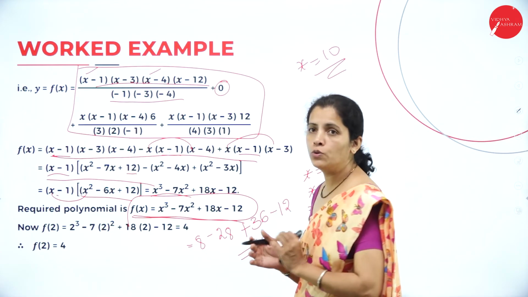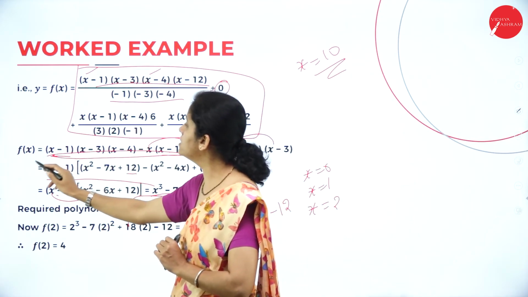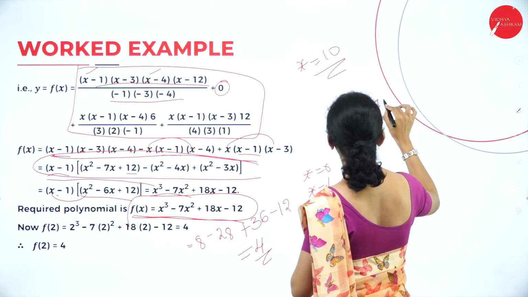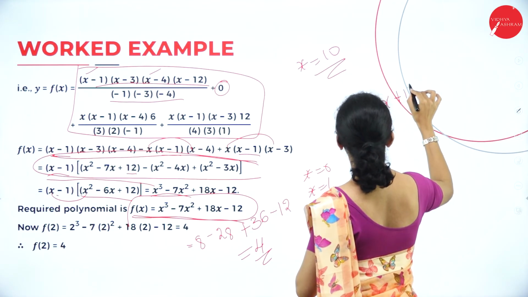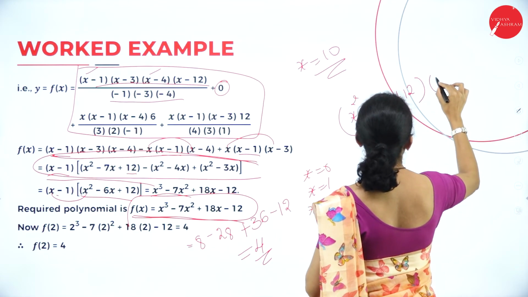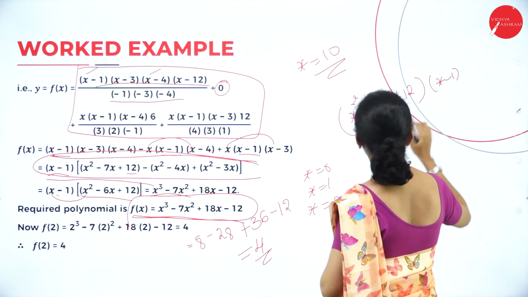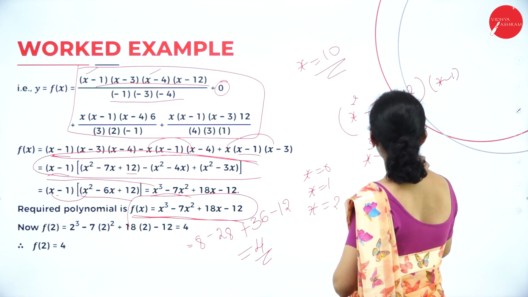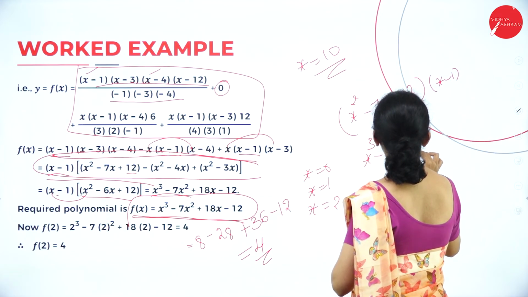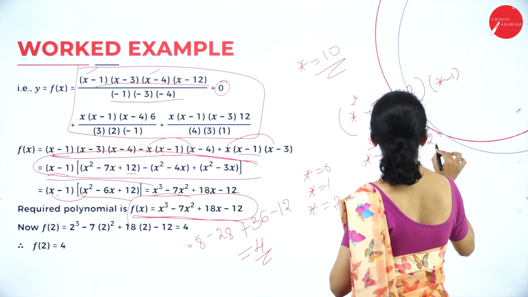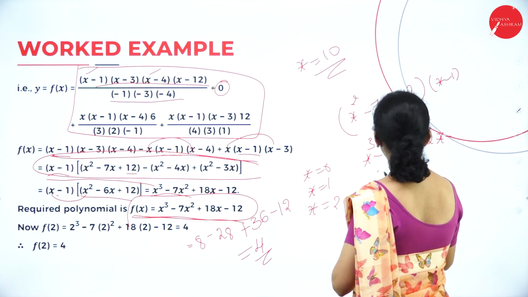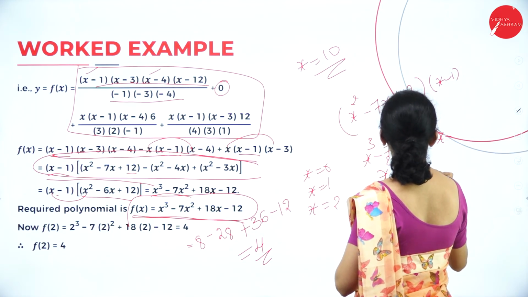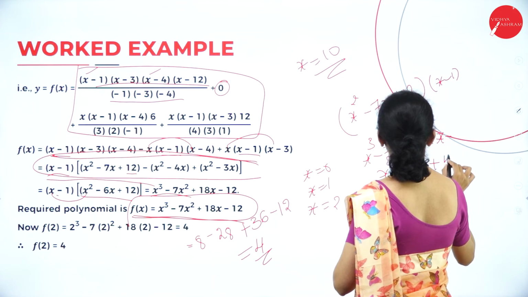And dear student, you may be thinking how to simplify this one. So I have x square minus 7x plus 12, which is multiplied by x minus 1. So first I'll write x cube minus 7x square plus 12x. Then 1 into x square minus 7x, then plus 12.